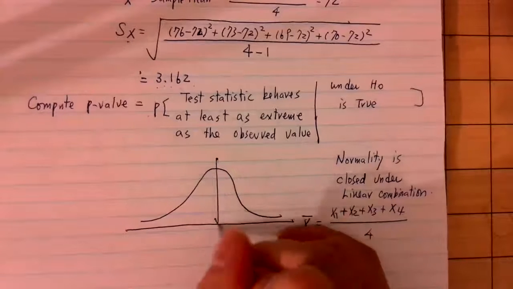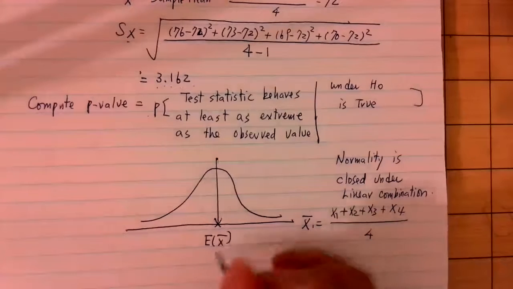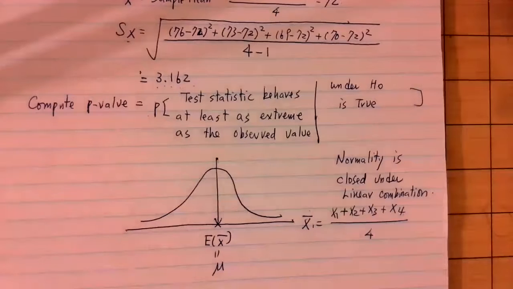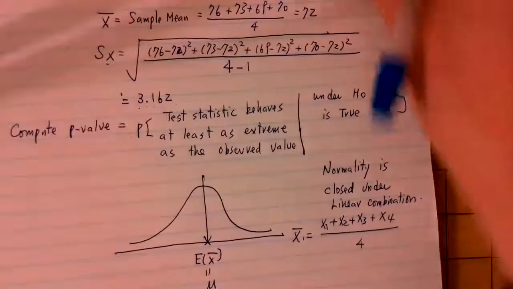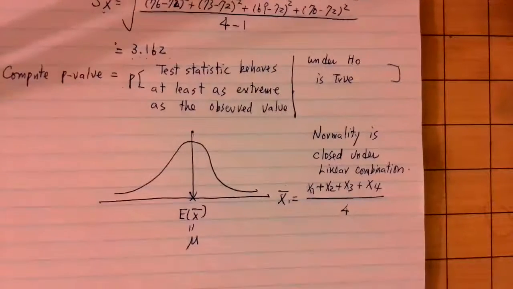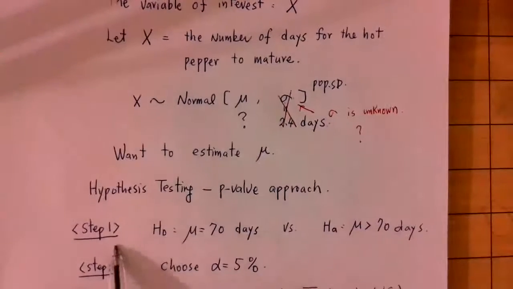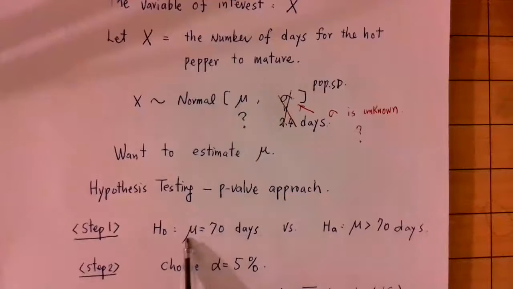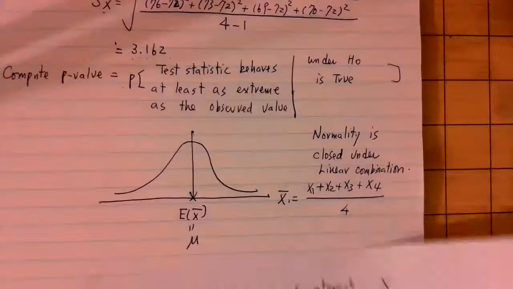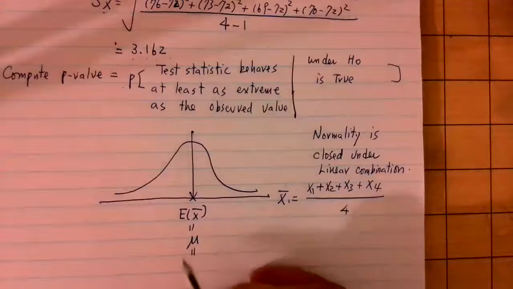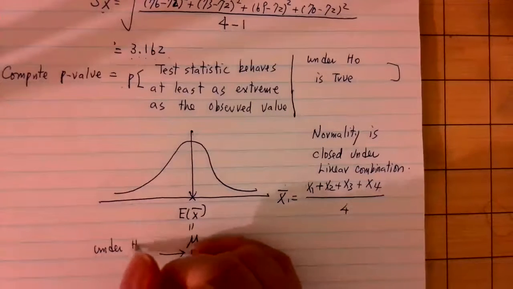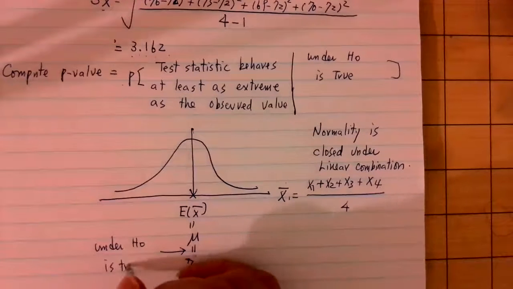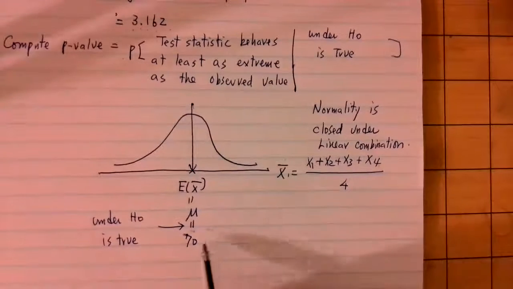With the center, the expected value of X bar is equal to mu. But what do we know about mu under the assumption that H naught is true?